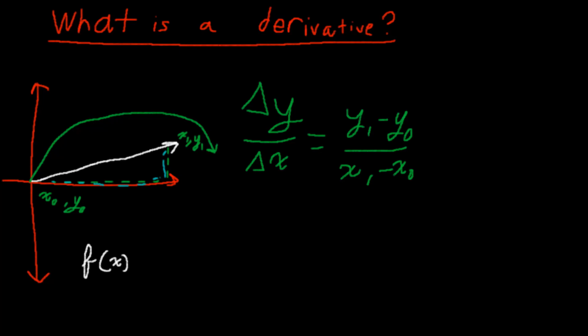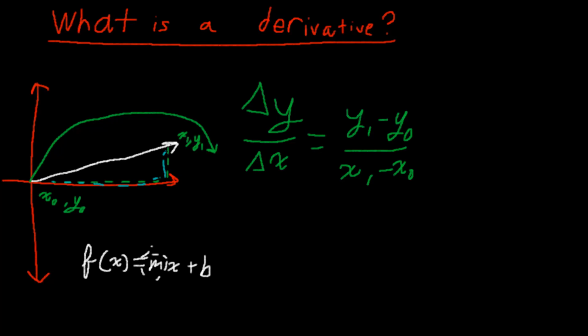So if this white thing is f of x, it's just a line, so it has a constant slope, which would be m, as in mx plus b, where b is the y-intercept. So the slope here would be equal to m, and we can all agree that it wouldn't change as you change x.